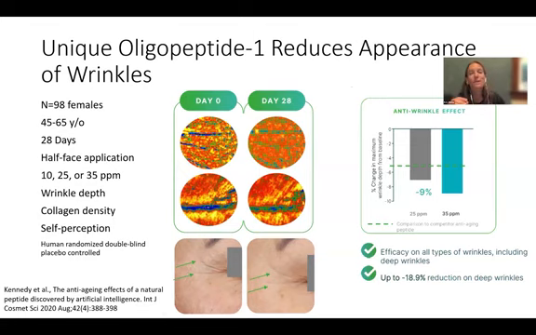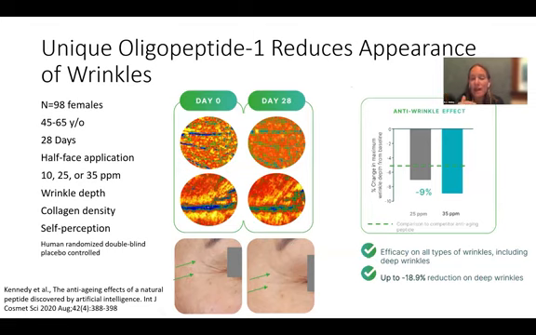So oligopeptide 1 can also reduce the appearance of wrinkles. This was a study on 98 females, age 45 to 65. It lasted for just 4 weeks. And they applied the product with this oligopeptide 1 to half their face, and they looked at wrinkle depth, collagen density, and self-perception.